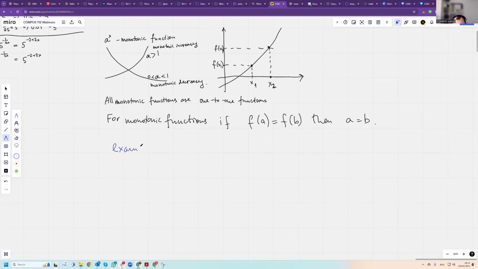Example. 3 to the power x, f of x, is a monotonic function.